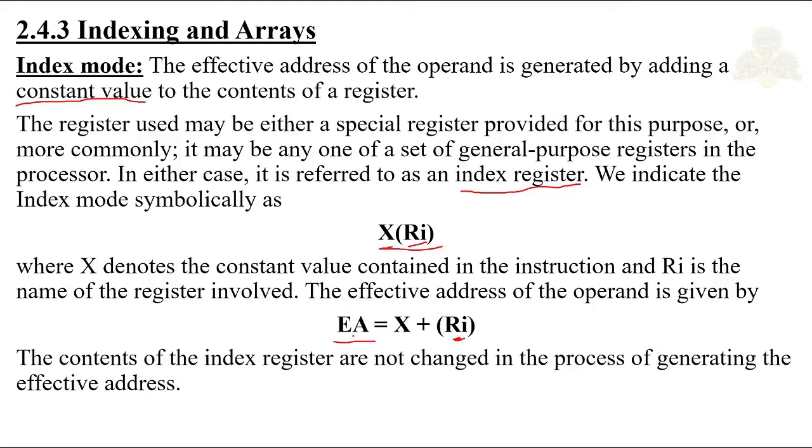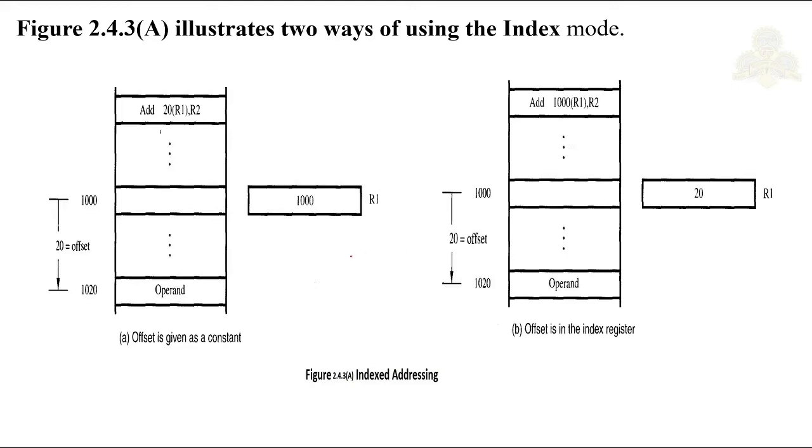The effective address is calculated by adding a constant to the content of the register. One more point: the content of the register is not changed. The register is called the index register, and even after generating the effective address, its content is not changed.